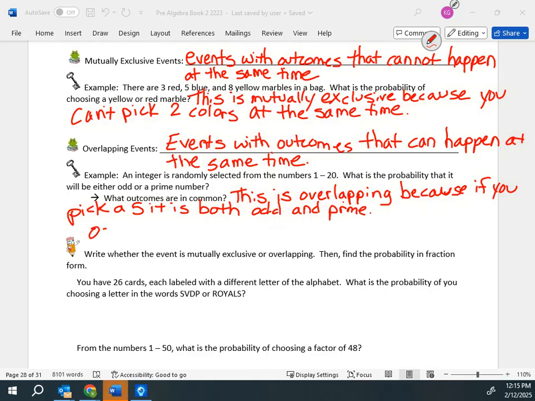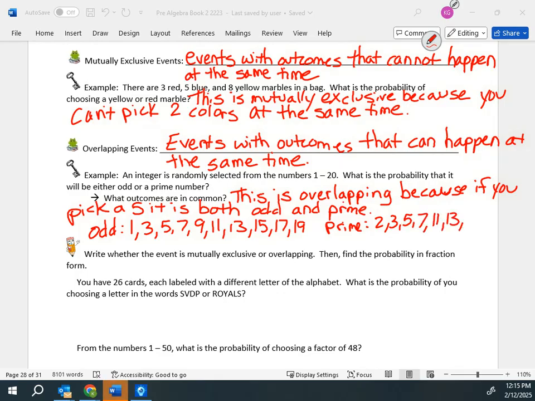So if we look at our odd numbers, we know there's 1, 3, 5, 7, 9, 11, 13, 15, 17, and 19, between 1 and 20. There's all those numbers. Our primes would be 2, 3, 5, 7, 11, 13, 17, 19.